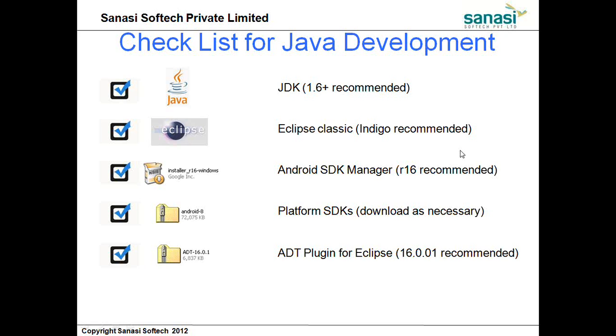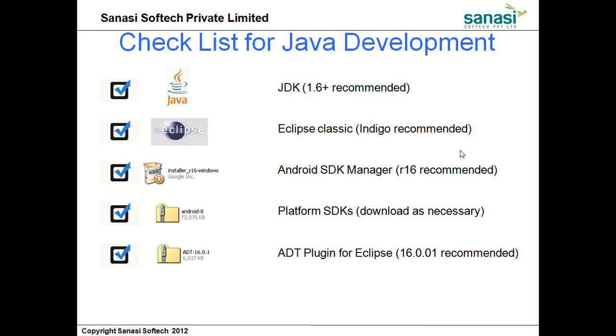And of course, then it depends on how many Android versions of the operating system you want to target when you're building the application. Based on every single version that you want, you'll have to download as many SDKs. For example, Android 2.2 is API level 8, and Android 2.3 is API level 10. So it depends on how many versions you're trying to build the applications for.